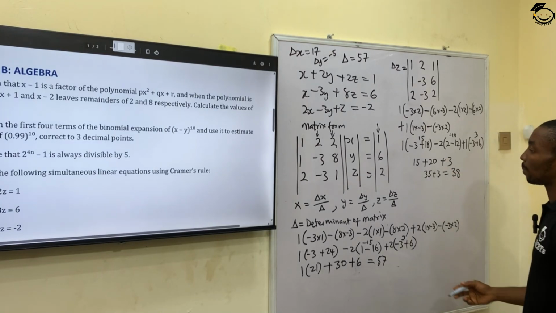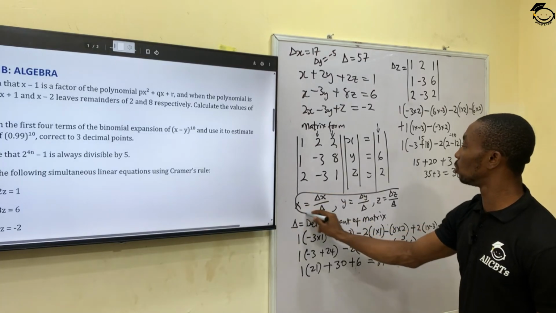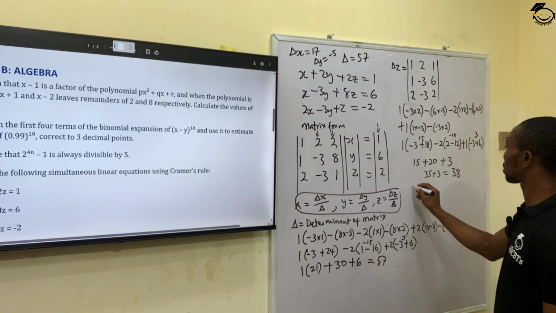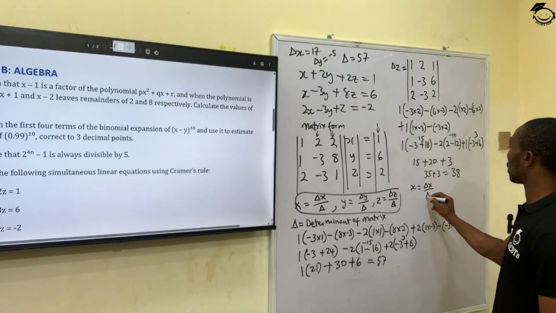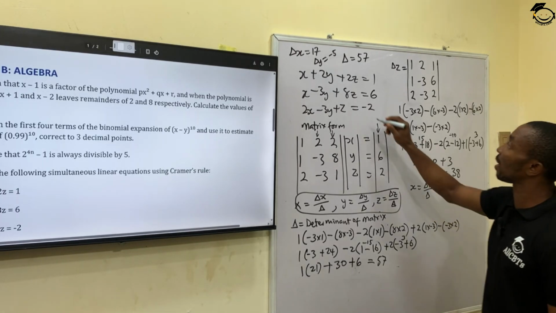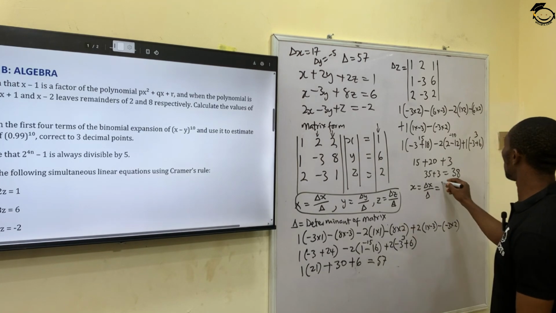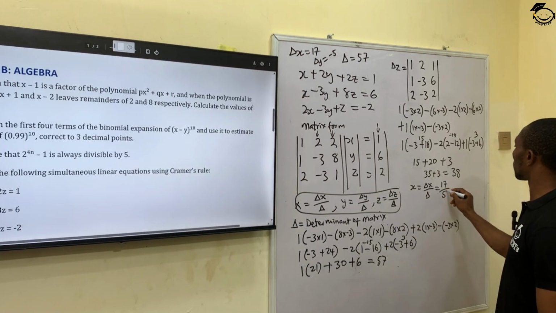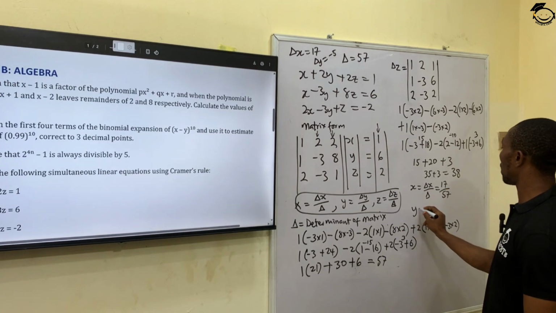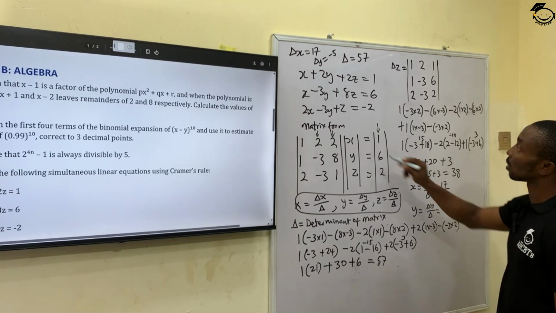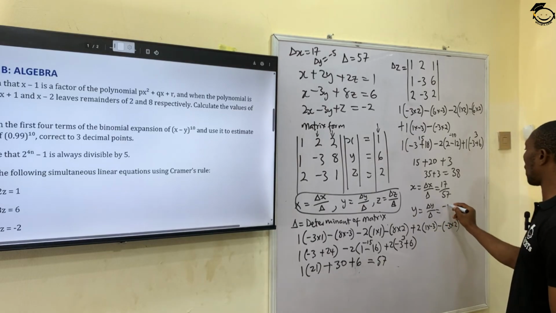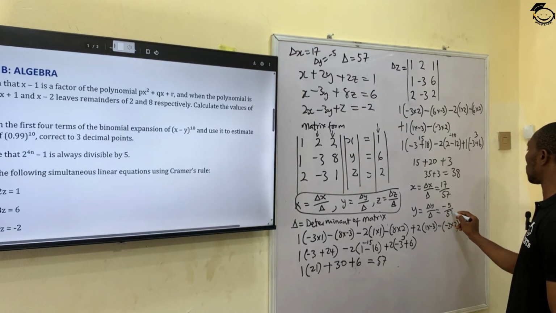Now, coming back to our Cramer's rule, which says that x equals delta x over delta, our delta x is 17 over 57. y equals delta y over delta. Our delta y is minus 5 over 57.